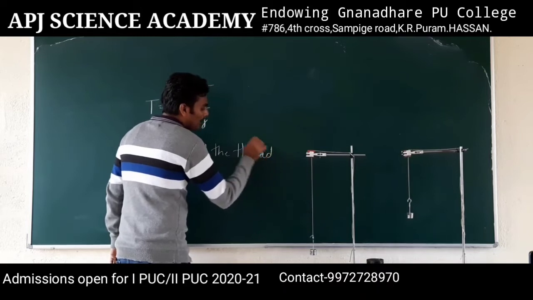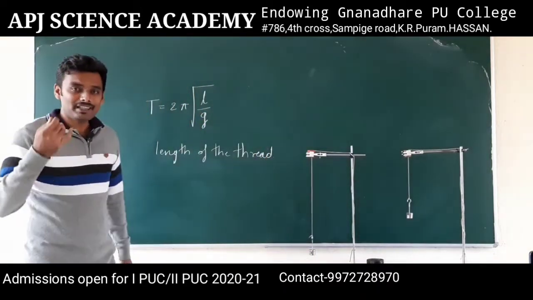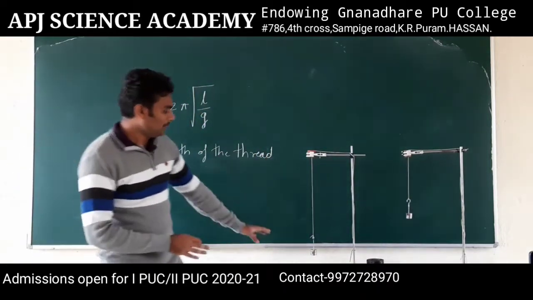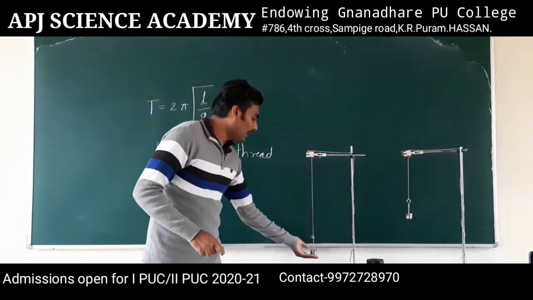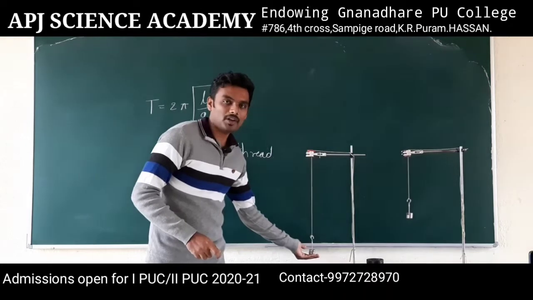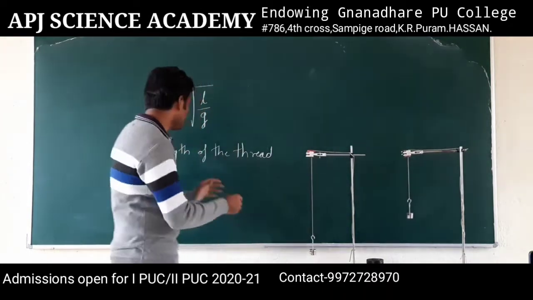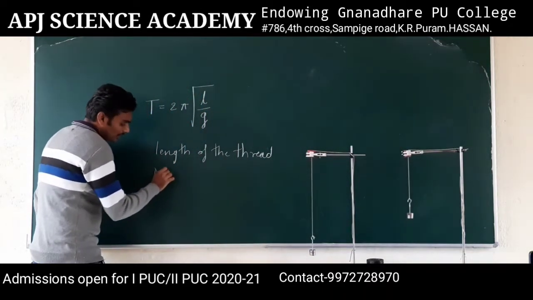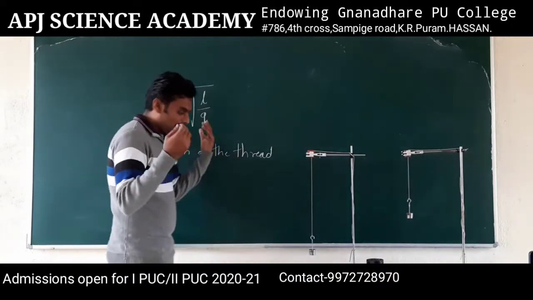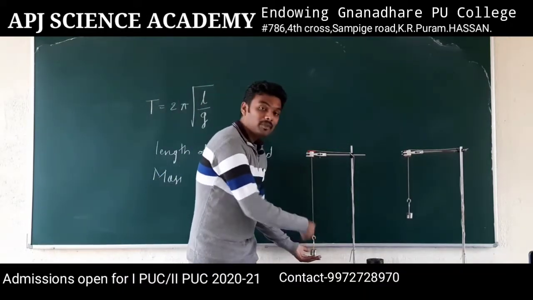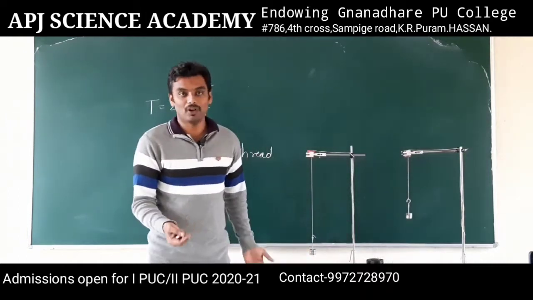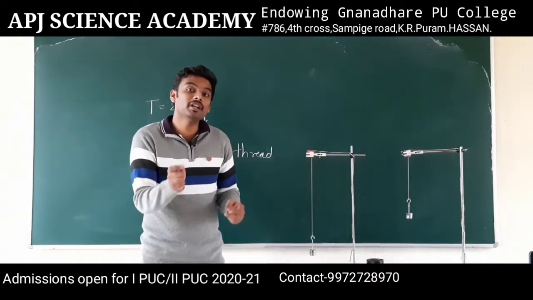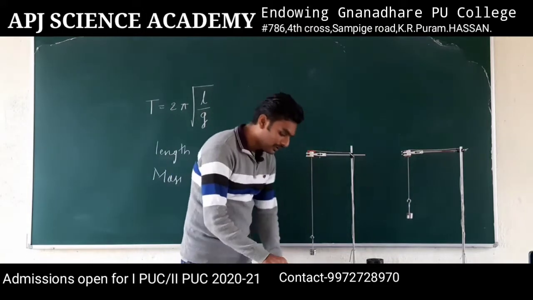The other factor that I think the time period might depend on is the mass of the hung object, or mass of the bob. Because if I increase the mass of the object, the time period might increase or decrease, I don't know, but it might be dependent, right? How to increase the mass?